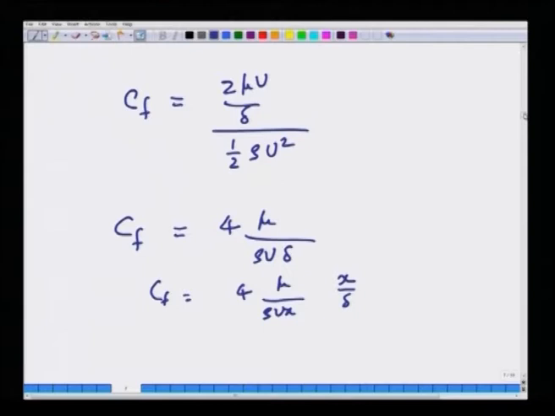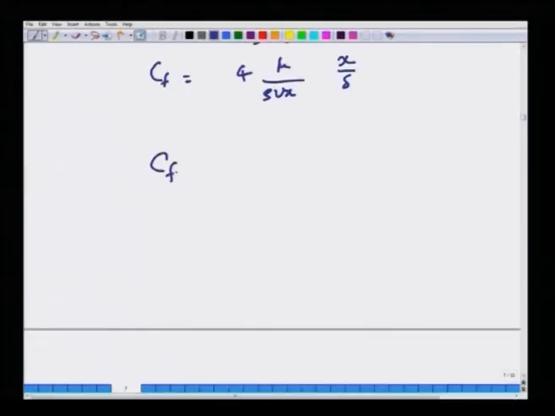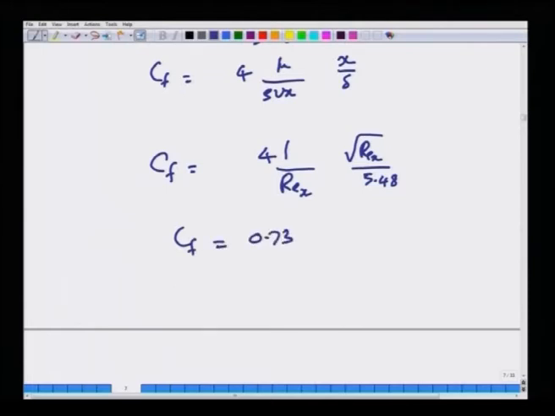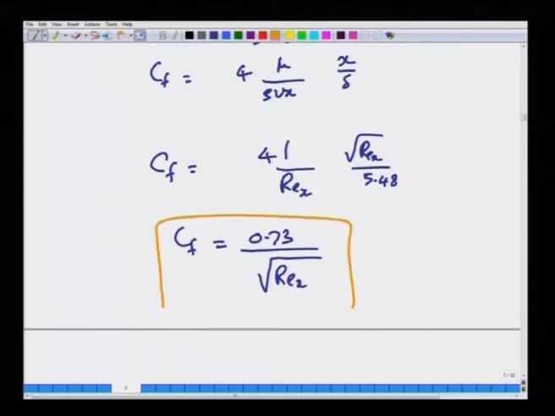So, Cf is nothing but 4 times 1 over Re x, the local Reynolds number, times x by delta, which is square root of Re x by 5.48. So, Cf is nothing but 0.73 divided by square root of Re x. Okay. So, this is the expression for skin friction coefficient, which is the non-dimensional shear stress exerted by the fluid on the wall.